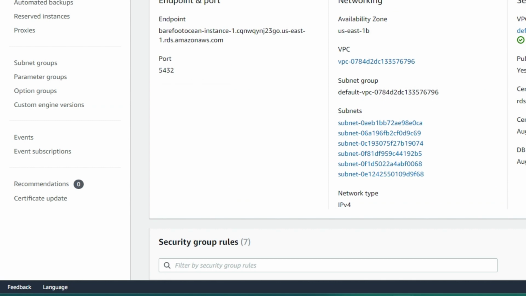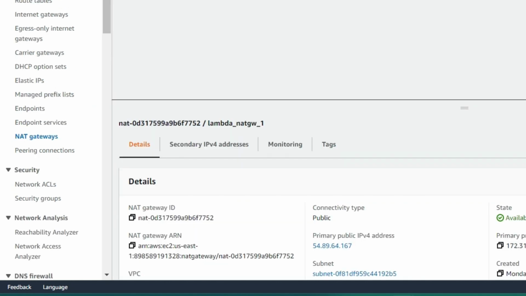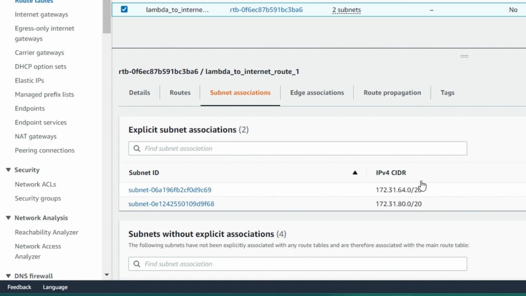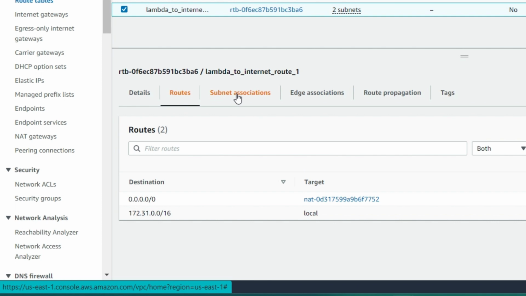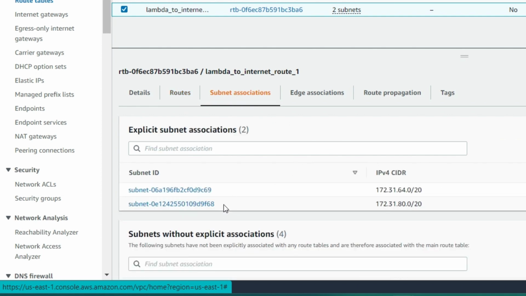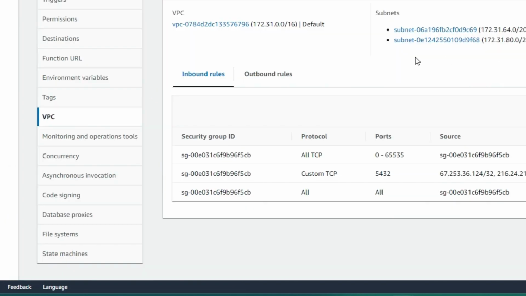This is very important: the NAT gateway had to be created under one of the subnets of the same VPC, and the route table pointing to that NAT should have the subnets which belong to the same initial VPC, and only 2 subnets have to be placed under the Lambda function, not all the subnets. This will make sure that the intended purpose is solved.